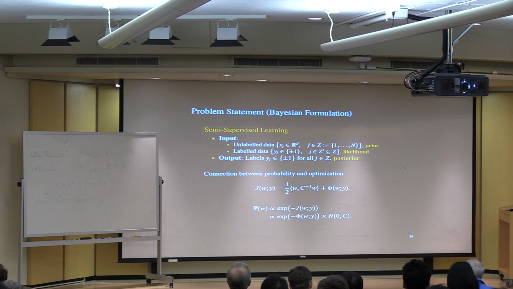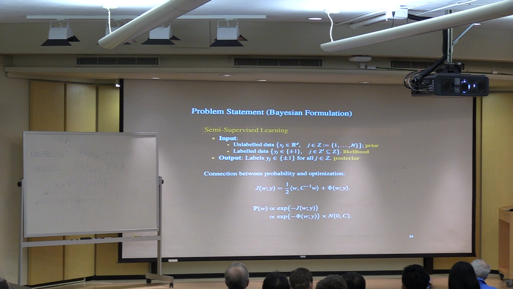This is exactly the same slide I gave you earlier for the problem statement, but I'm now going to view the unlabeled data as prior information through the graph Laplacian that we constructed from it. I view the labeled data as giving a likelihood, which will differ depending on whether we talk about the probit or level set method. And what we would like is to label all of the points on the entire graph as plus or minus 1. So we'll in fact compute a posterior distribution on a real valued function whose threshold will give the labels.